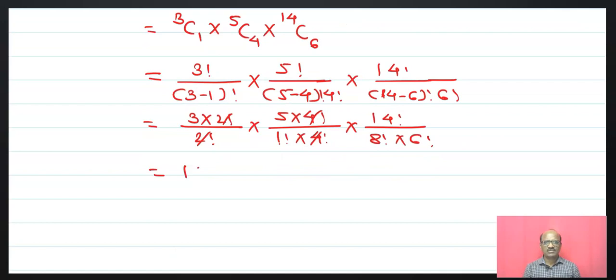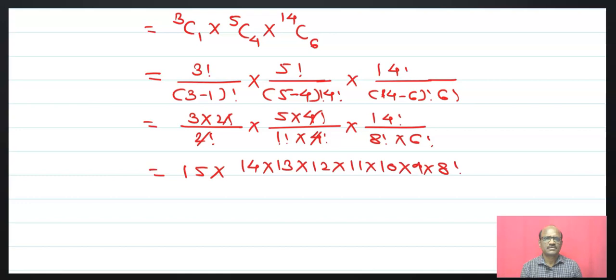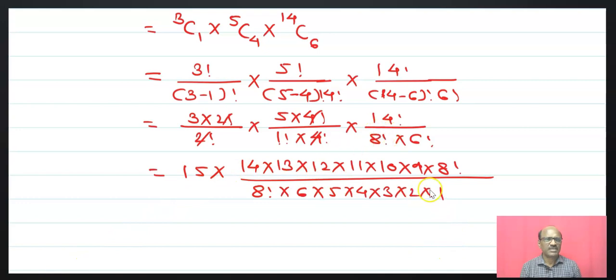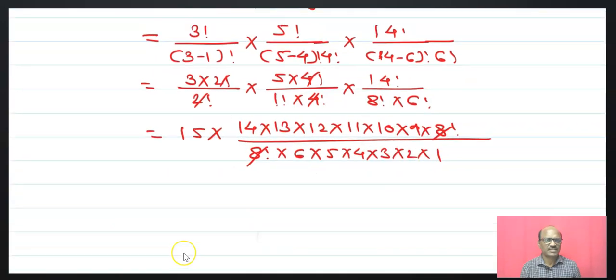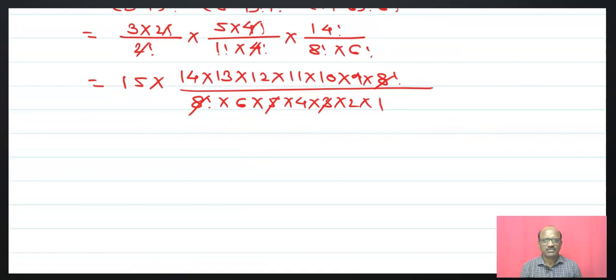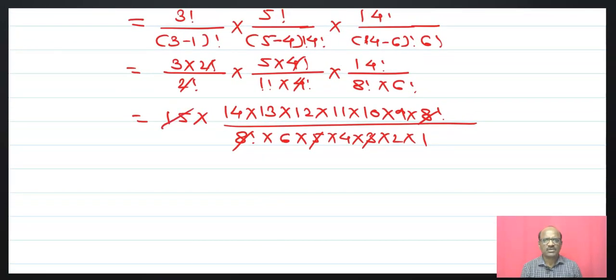Simplifying, 14 factorial can be extended down to 8 factorial, and 8 factorial gets cancelled. Now you can perform the calculations on your own.